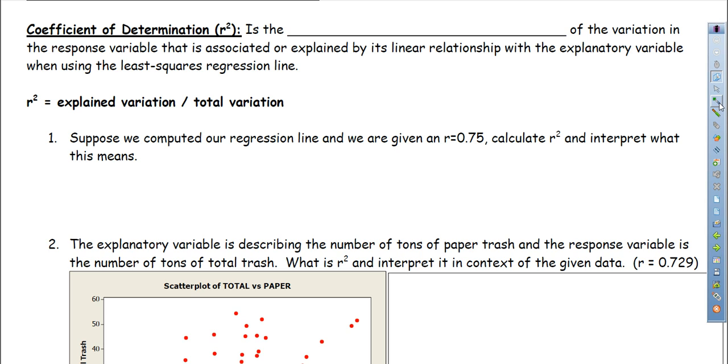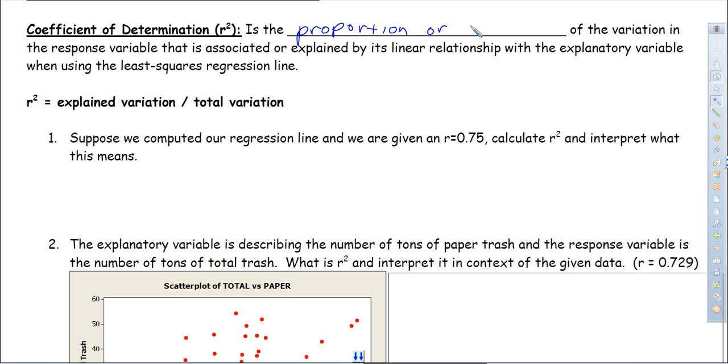And this is the proportion or percentage of the variation in the response variable that is associated or explained by its linear relationship with the explanatory variable when using the least squares regression line.